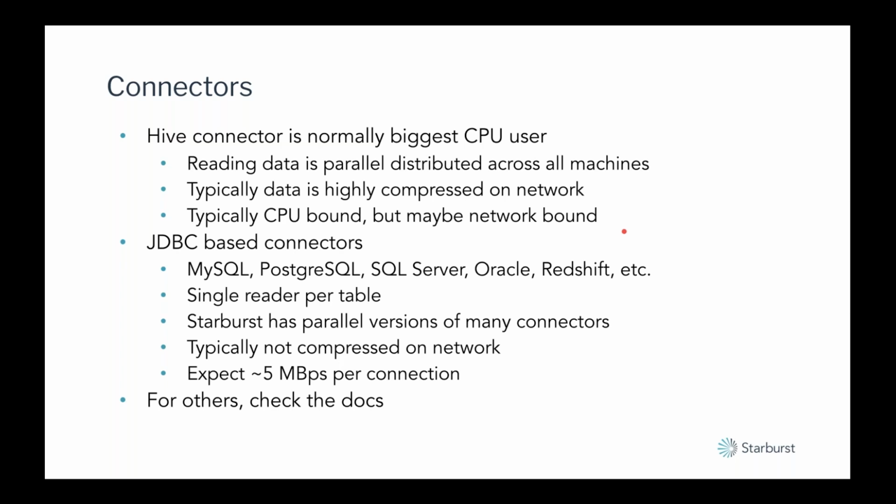The other common data sources in Presto are what we call JDBC-based data sources. These are data sources like MySQL, Postgres, SQL Server, Redshift. We have a bunch of other ones, and there are ones that you don't think are JDBC based, but they actually are.